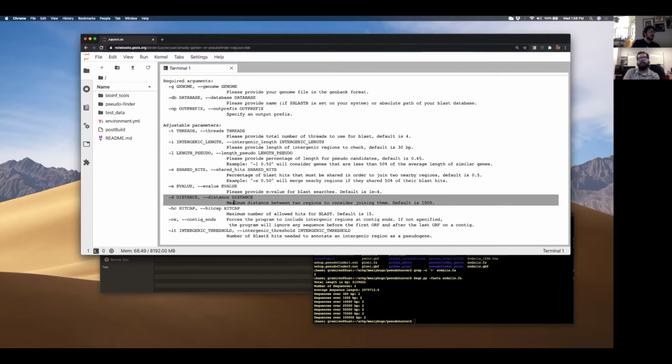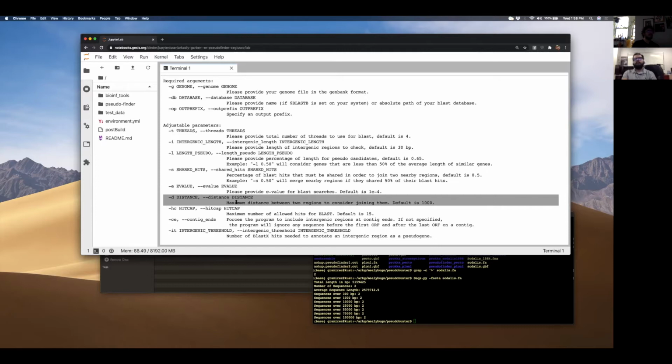Distance: if you have two adjacent regions that share blast hits, but they're separated by some space that a gene finding program might assume is intergenic, that might cause problems with joining those adjacent fragments if the intergenic region is too long. So you can set that length here.